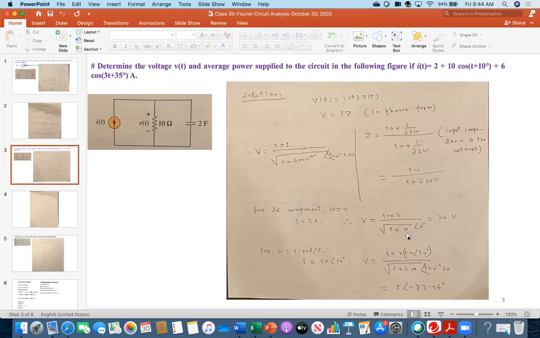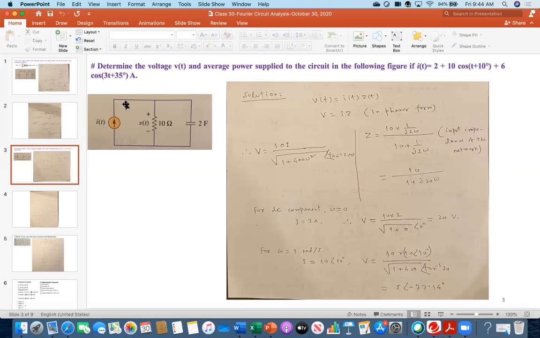Could you follow this one? Does this make sense? So this is what you look for the DC component: omega 0. I put omega 0 here, and when I is 2 ampere, just look from your general viewpoint.